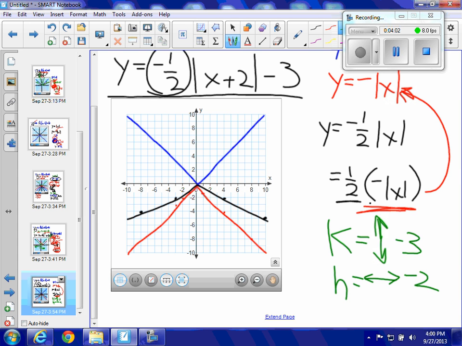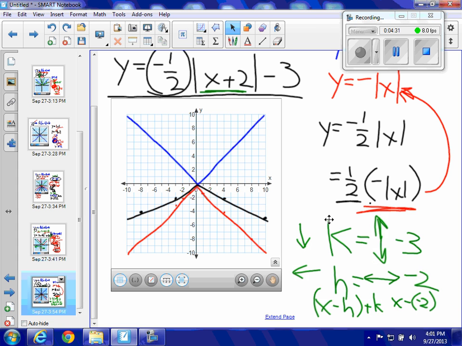Even though it says plus 2, if it's x minus h, this is the same thing as x minus negative 2, which is a positive 2, which is what I have up here in my function. So I'm going to move it down 3 and left 2.